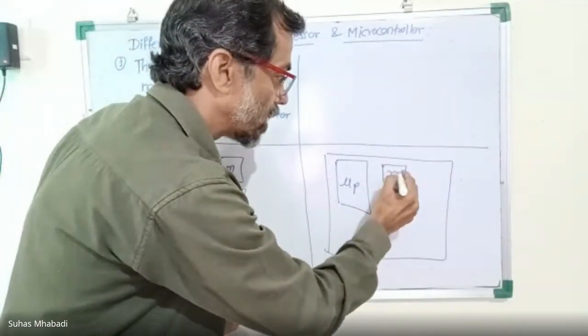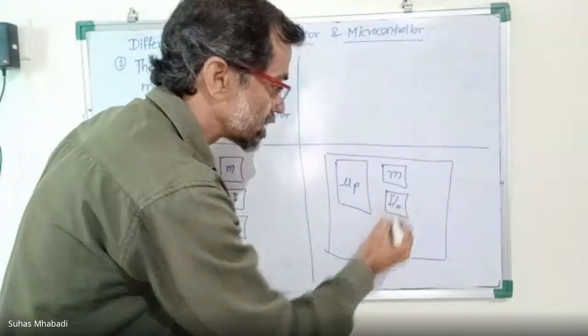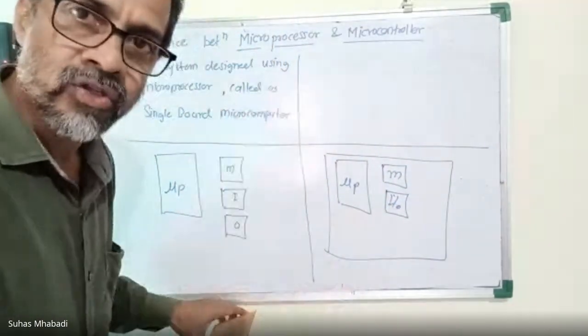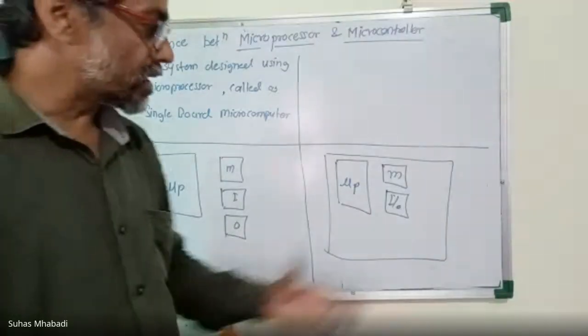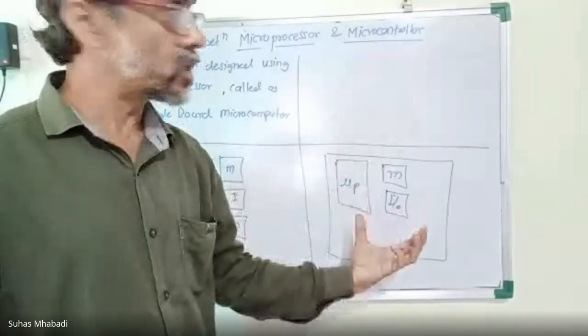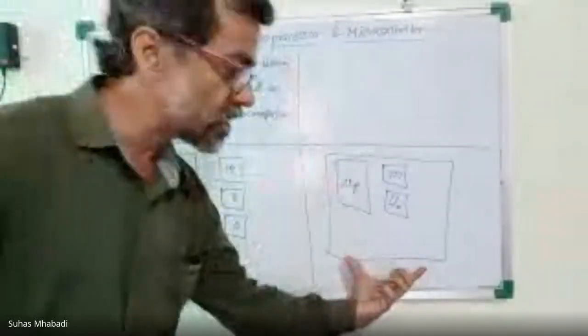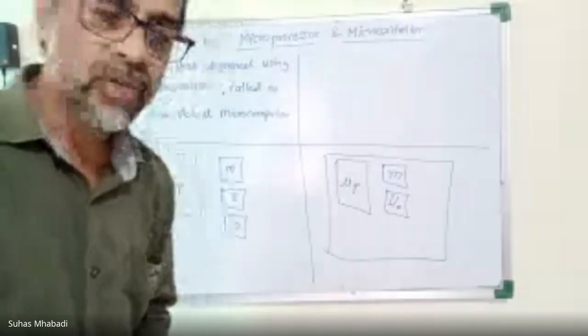Memory is also available inside it. Input output peripheral devices or interfacing devices are also there. So the system built with the help of microcontroller is called a single chip microcomputer.